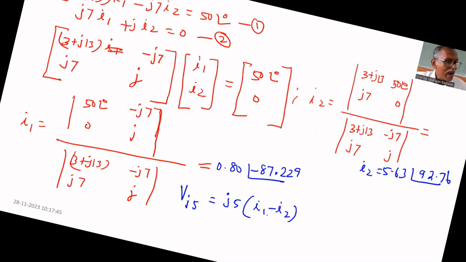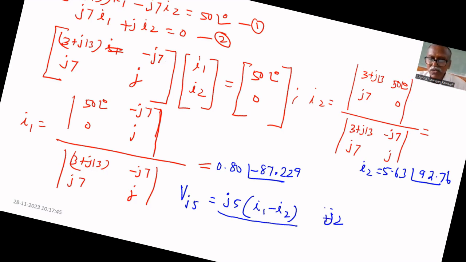Is it okay? Not okay, because we didn't consider M. We have to consider M. If you consider I1, the potential drop across J5, J2 we have to consider. J2 is positive because we are considering I1, and I1 is entering the dot. Here also I1 is entering the dot.